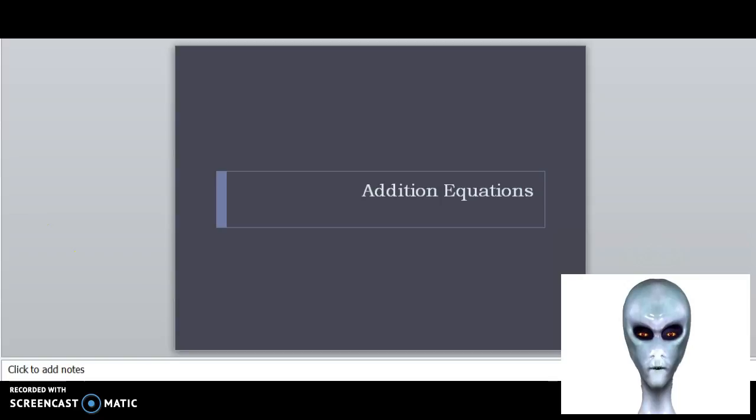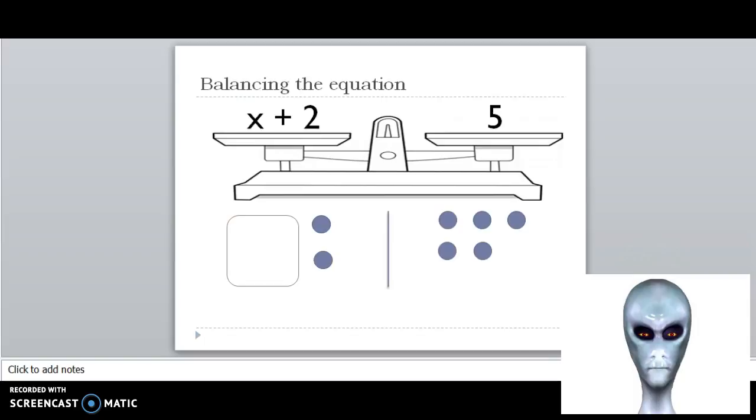So we're going to start off with our addition equations. My equation is x plus 2 on this side of my balance beam is equal to 5. I use dots to represent the numbers, and I want you to think, how many dots need to go in this box so that we have 5 on this side in order to balance with 5 on this side?